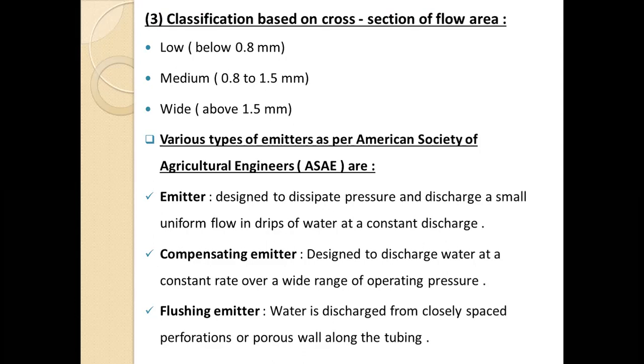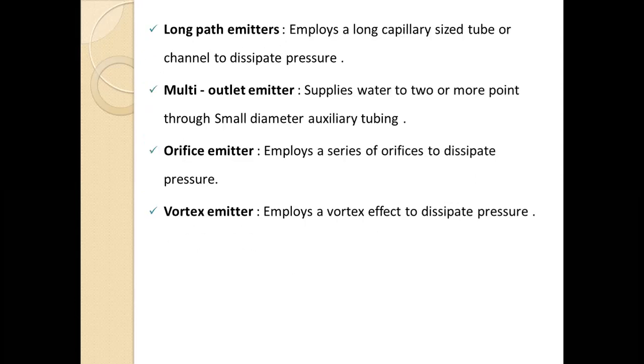Flushing emitter: water is discharged from closely placed perforations of a porous wall along the tubing. Long path emitters employ a long capillary sized tube or channel to dissipate pressure. Multi outlet emitter supplies water to two or more points through smaller diameter auxiliary tubing. Orifice emitter employs a series of orifices to dissipate pressure. Vortex emitter employs the vortex effect to dissipate pressure.